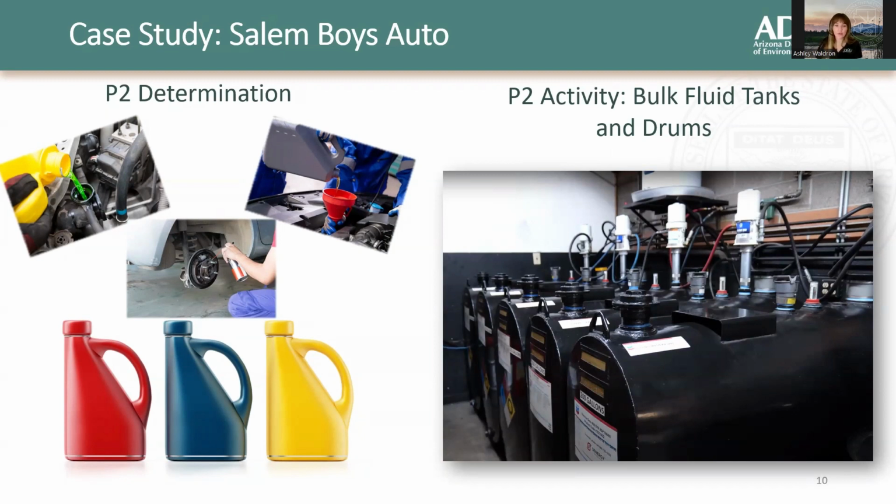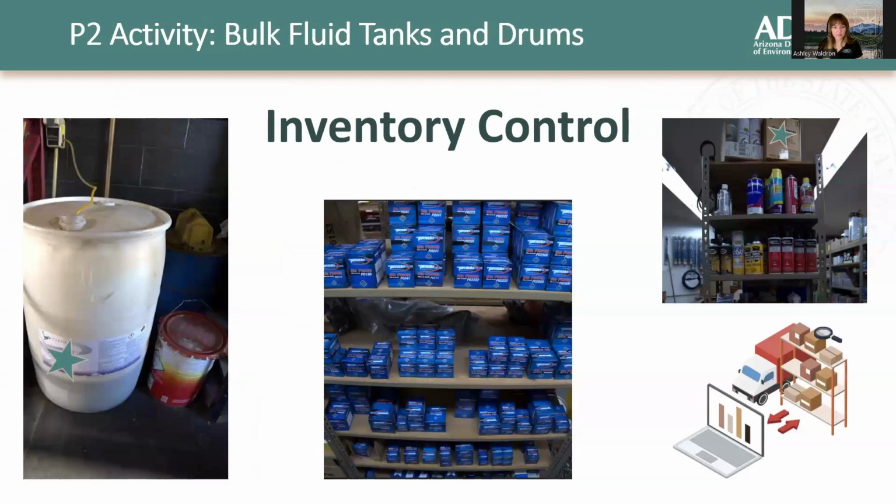I want to touch on that your facility might not require 350-gallon tanks, but there are many other size options to choose from when switching to bulk purchasing. However, merely installing the tanks and drums is not enough. A facility needs to have the necessary equipment in place, the systems, and the processes solidified in order to make the most out of this P2 activity.